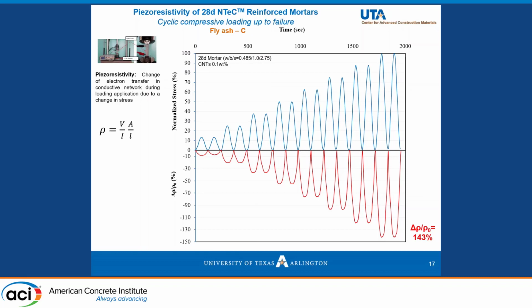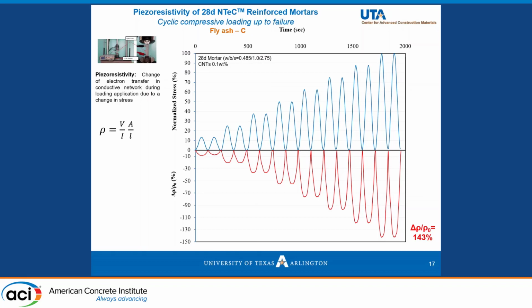As the compressive load increases, we observe a decrease in the fractional change in resistivity, and then again it returns back to its original value during unloading cycles. With increasing load, the fractional change in resistivity also increased, and we observed a really high piezoresistive signal up to the failure of the specimens.